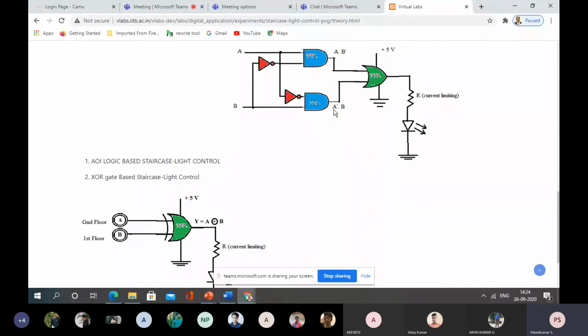As a result, I get A star B and A B star. If these two outputs are given to an OR gate, I get the result A dot B star plus A star B. That is nothing but the XOR gate output.